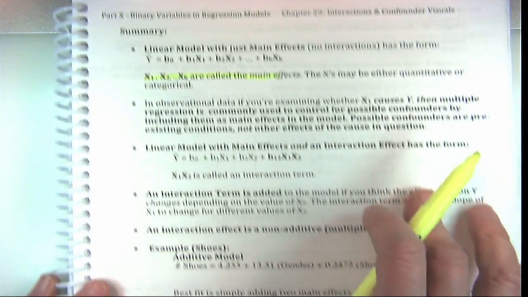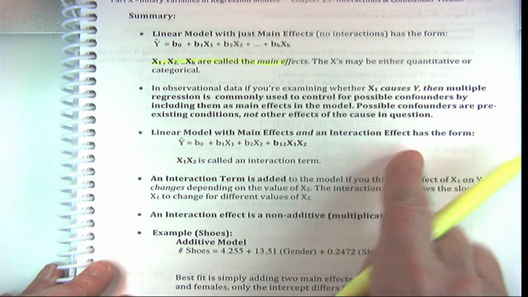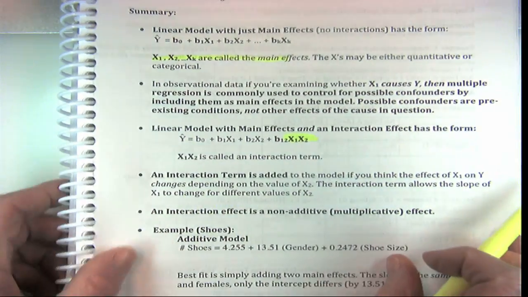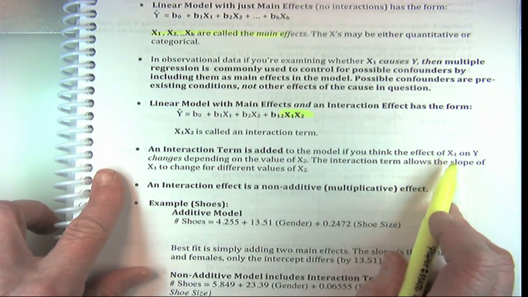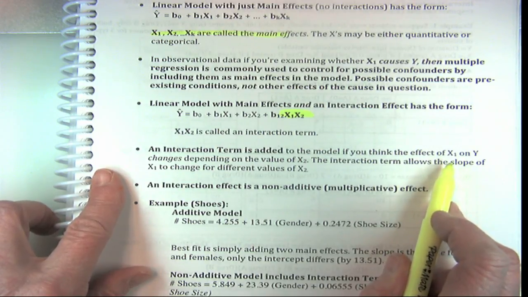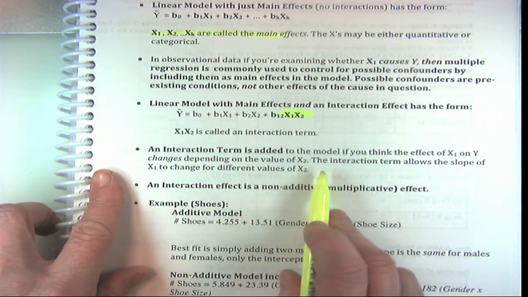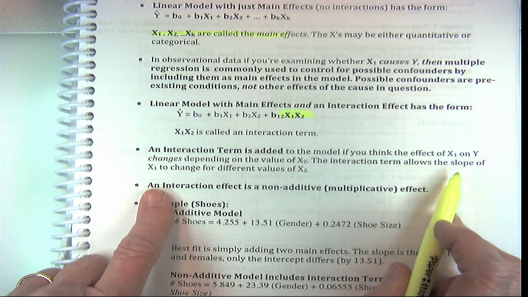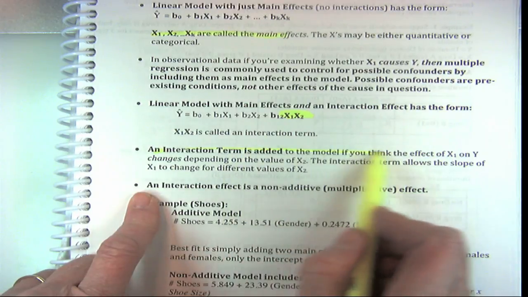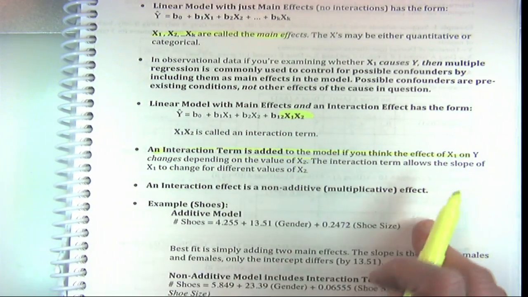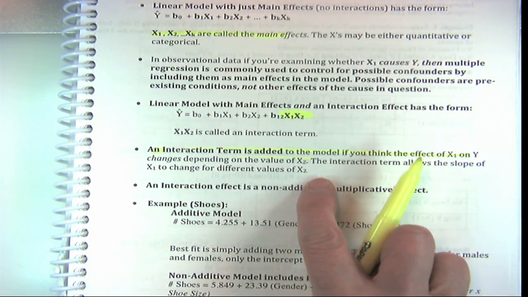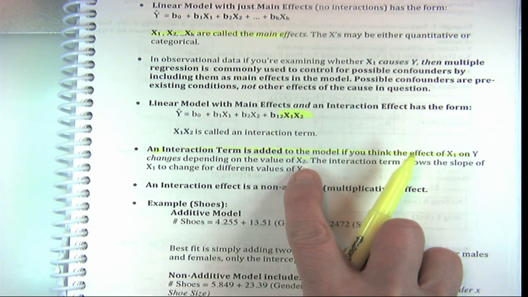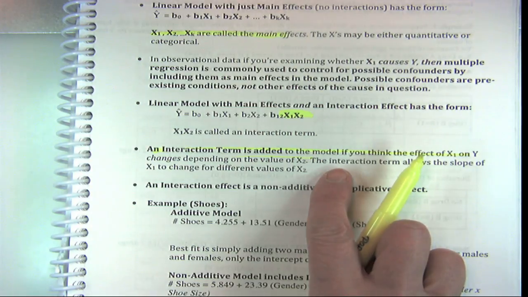But if you have an interaction effect, that's a multiplicative effect, and the effect of one of the variables on y changes depending on the value of the other variable. So it causes the slopes to change. In the examples we gave you, the slope changed depending on whether the x2 variable, let's say that was group membership, was 0 or 1.